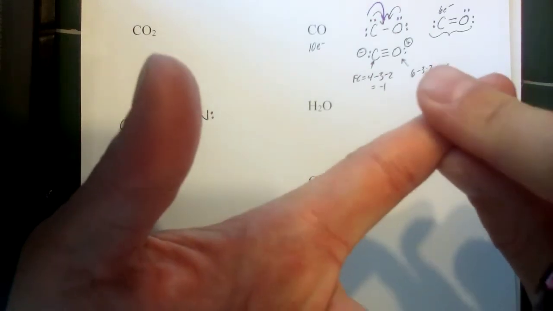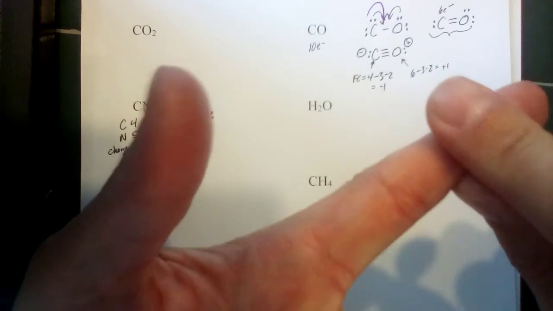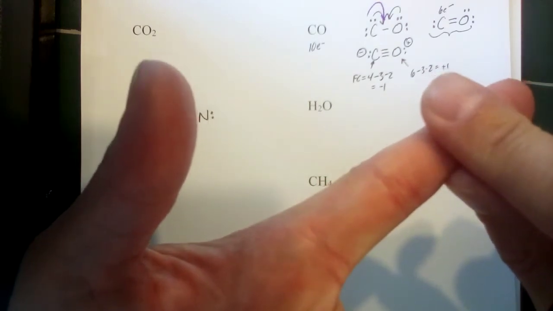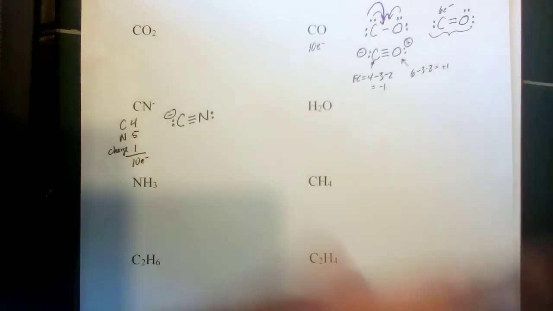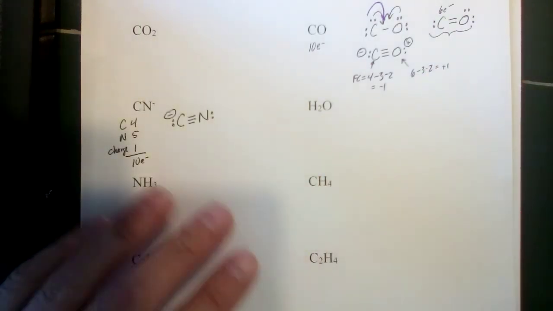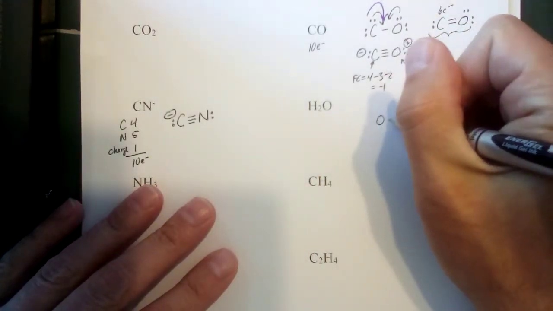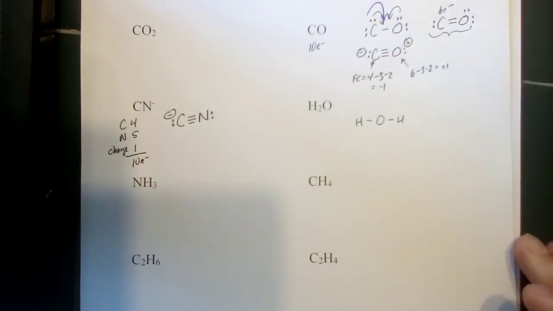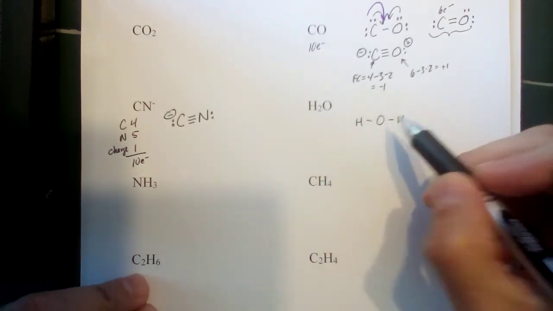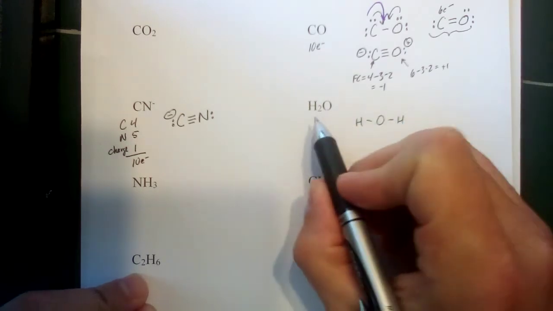We can't make a second bond to fluorine. That would cause it to end up with a positive formal charge, or with more electrons than it could hold. So fluorine's always going to go on the outside as well. That means our skeleton here should be oxygen in the middle. Right? Not because it's less electronegative, but because it's the only atom that can make more than 1 bond. So that's the case. We'd have that skeleton.